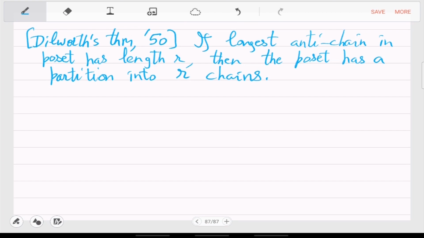Okay, are the statements clear? If the statements are clear, then you should also see that they are intuitive. You want to partition the poset into disjoint chains.